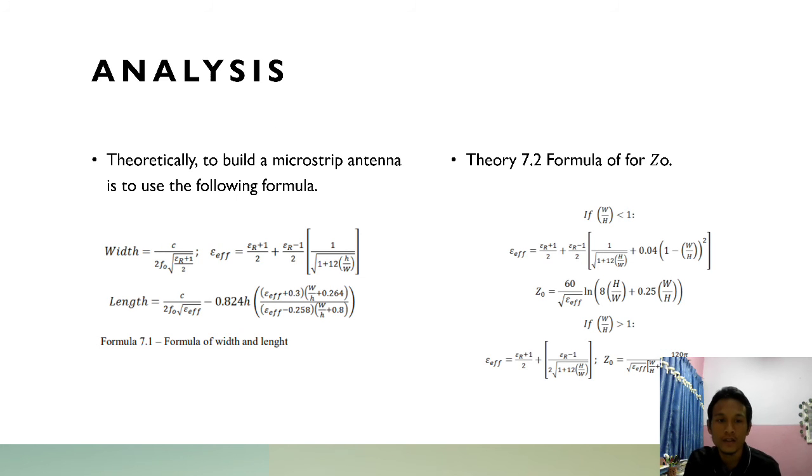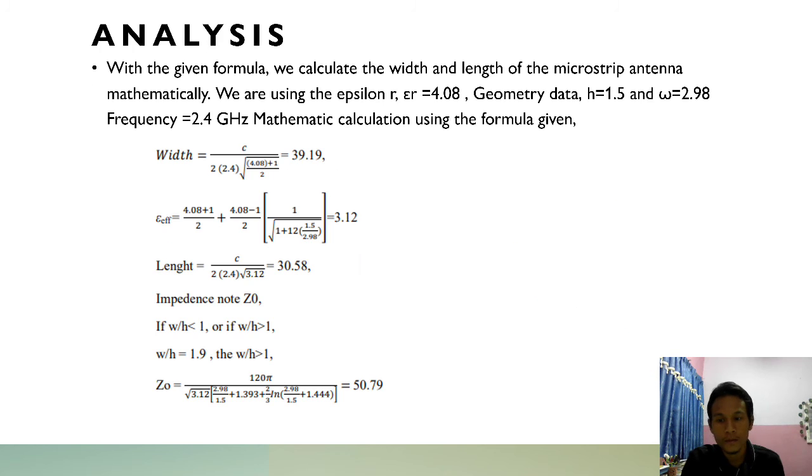For the analysis, we are using the theory to calculate the width and the length to build the microstrip antenna, and we are also using the formula to get the impedance and the effective epsilon. Using the given formulas, we calculate the width and length of the microstrip antenna mathematically.